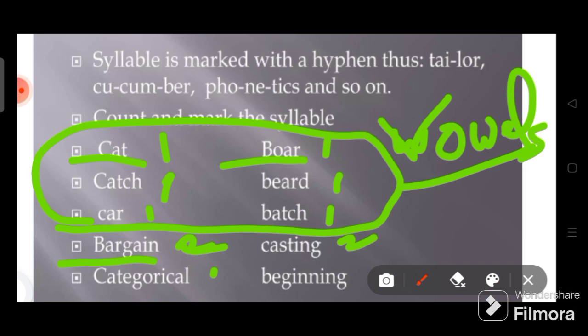Next word, categorical has five syllables. Next, beginning has three syllables. So cat, catch, and car each have one syllable, but when you look at these last two words, categorical has five syllables and beginning has three syllables.